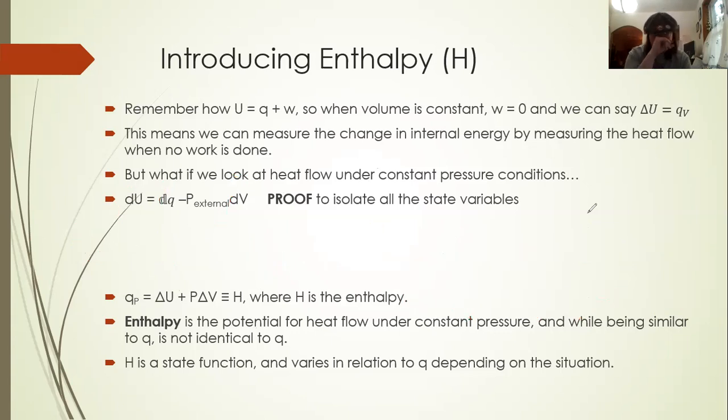That is our enthalpy, where the enthalpy is the potential for heat flow under constant pressure. While this is similar to Q, it is not exactly identical to Q. H is a state function and will vary in relation to Q depending on the situation. But we can always say Q sub P is equal to enthalpy.